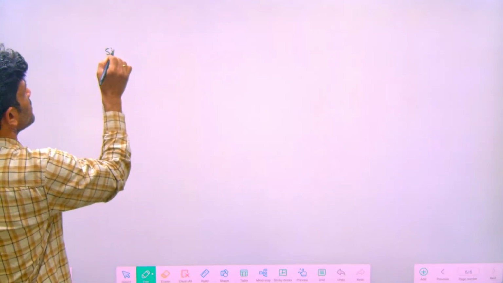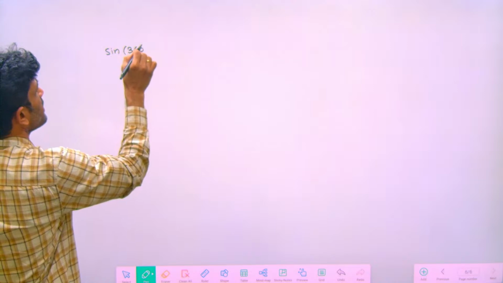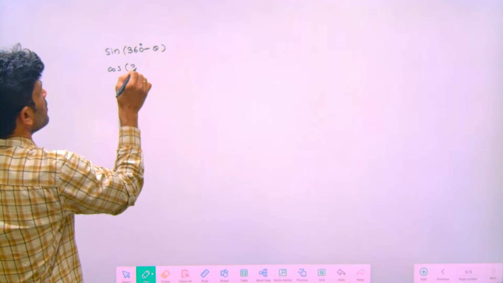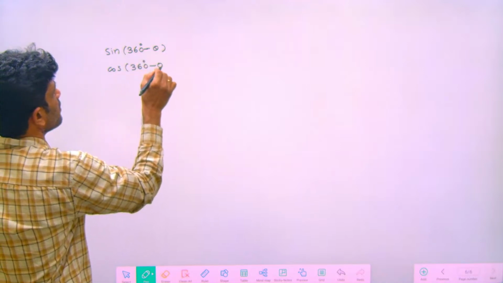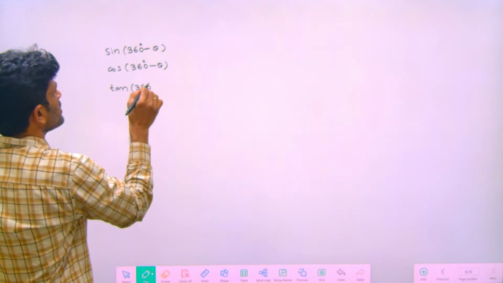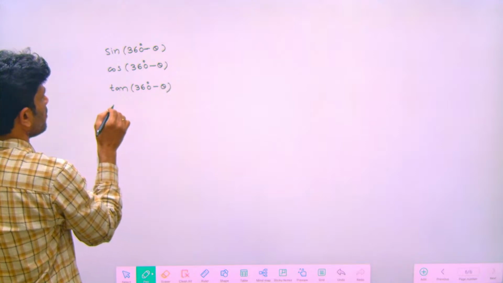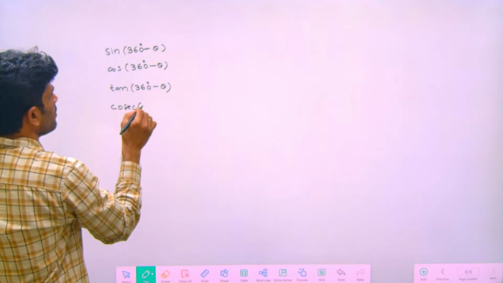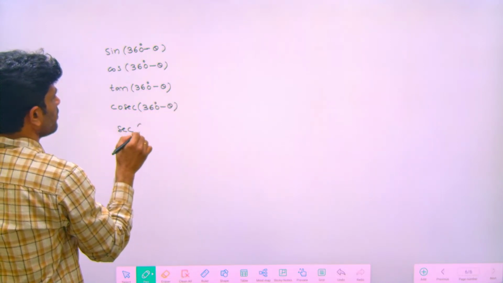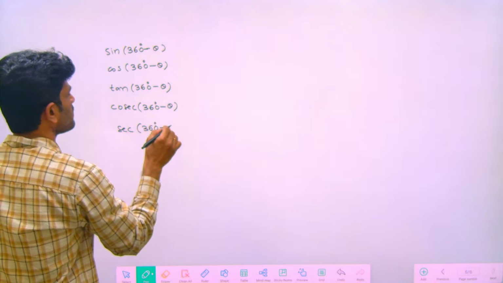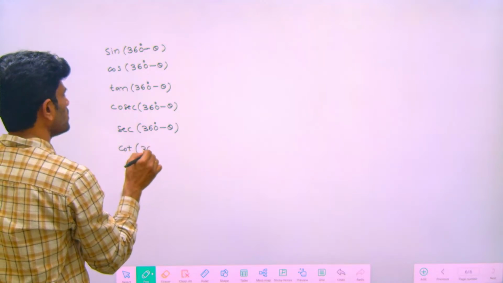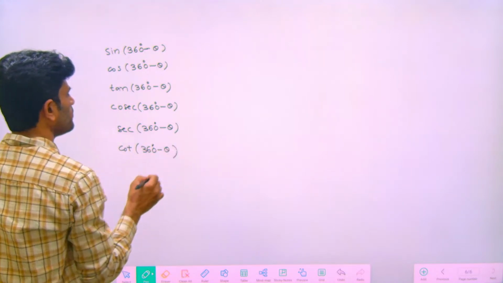First, sine of 360 degrees minus theta, cos of 360 degrees minus theta, tan of 360 degrees minus theta, cosecant of 360 degrees minus theta, secant of 360 degrees minus theta, cot of 360 degrees minus theta.